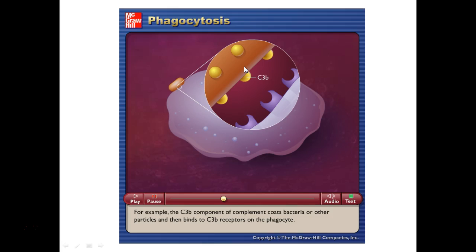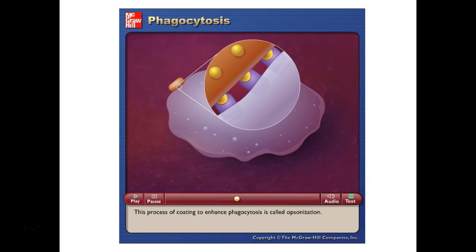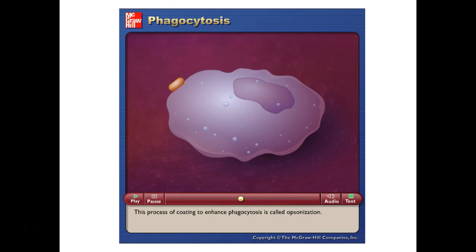And that's going to initiate the next step of the process, where they're literally going to bring their membrane around the pathogen and surround them in membrane, forming what we refer to as a vesicle or a vacuole.